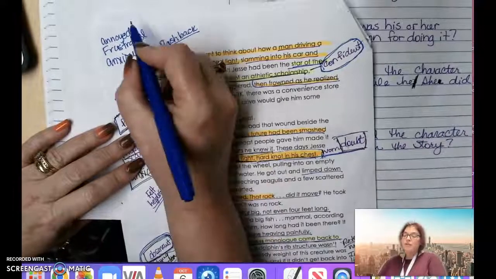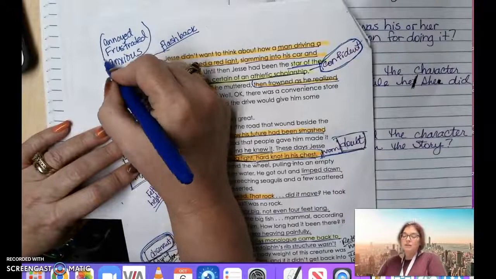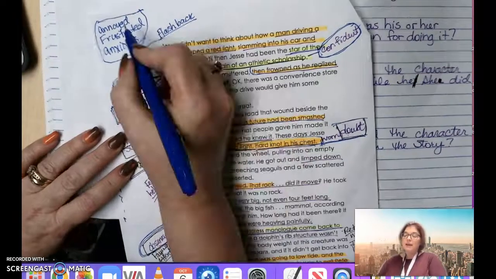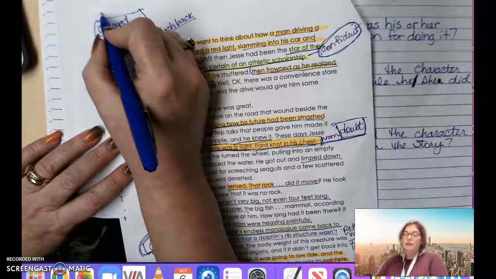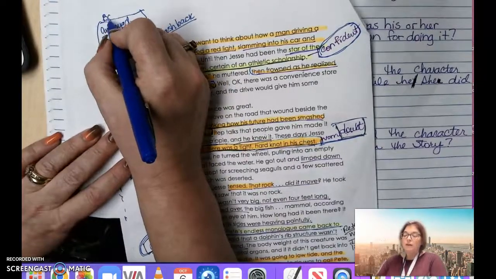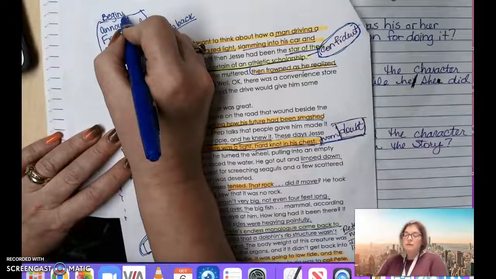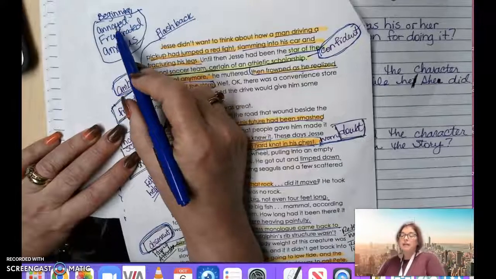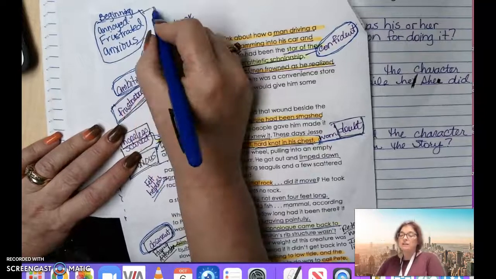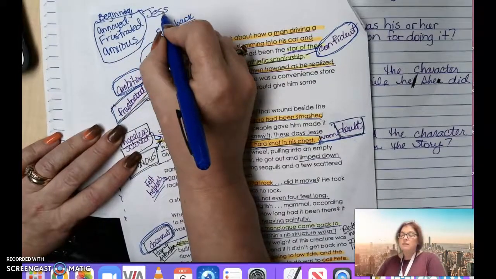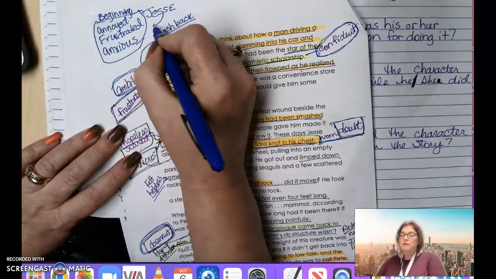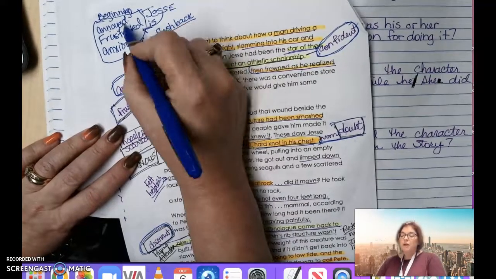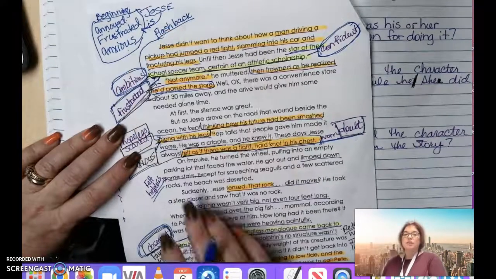So I'm thinking the three traits that I can definitively say at this point in the beginning of the story, I know I'm not spelling that, in the beginning, Jesse is annoyed, frustrated, and anxious.